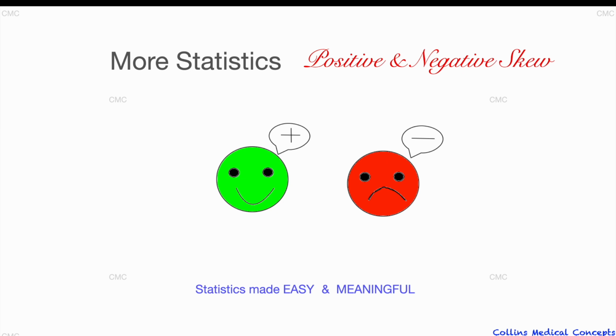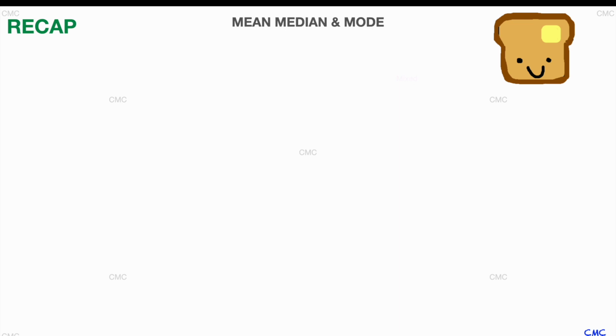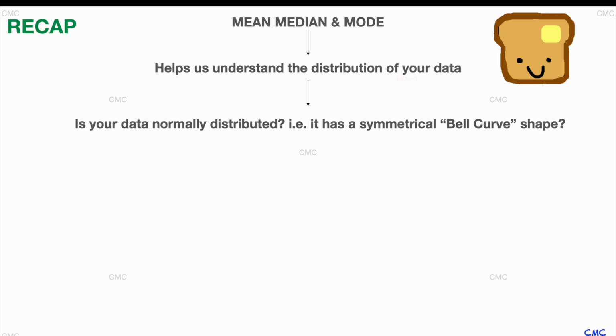of scientific data. In one of our previous videos, we discovered some bread and butter terminology of statistics, which were mean, median, and mode. We learned how to calculate these concepts and started exploring their use in helping us understand how our data is distributed.